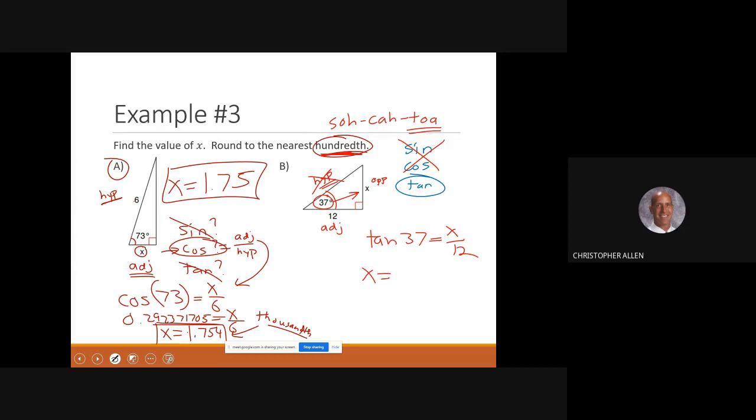So with your calculator, you just need to do the tangent of 37 and then multiply it by 12. You will get an answer of 9.04 to the nearest hundredth.